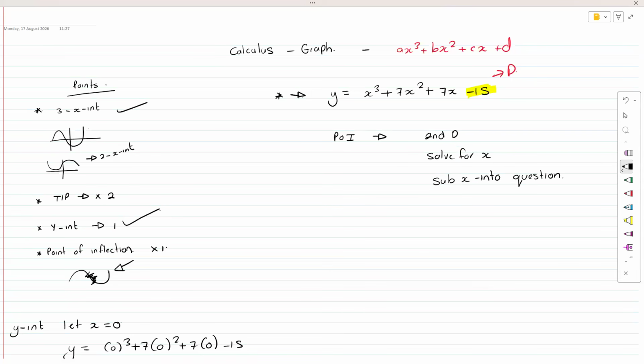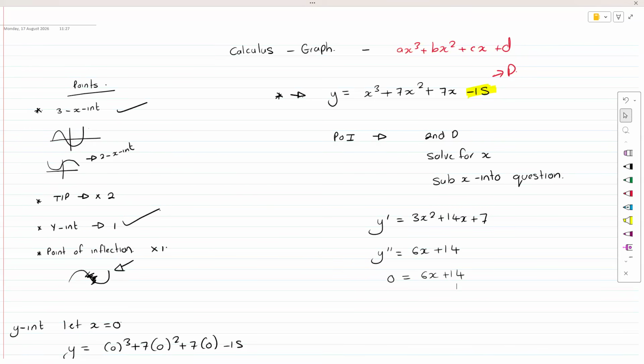Okay, let's try this from the start. Let's get it right. So that's y prime equals 3x squared plus 14x plus 7. If we do the second derivative, that'll be 6x plus 14. Let's make it equal to 0.